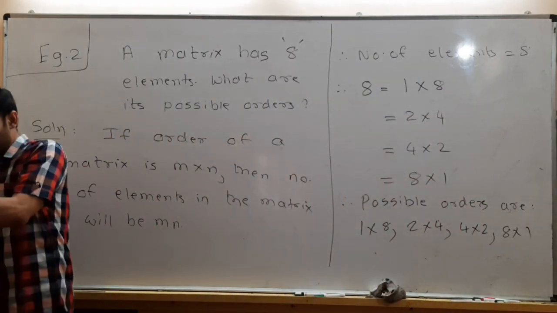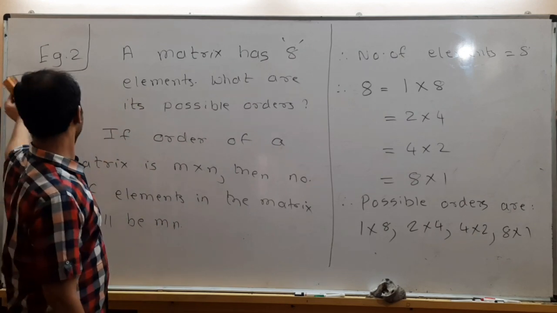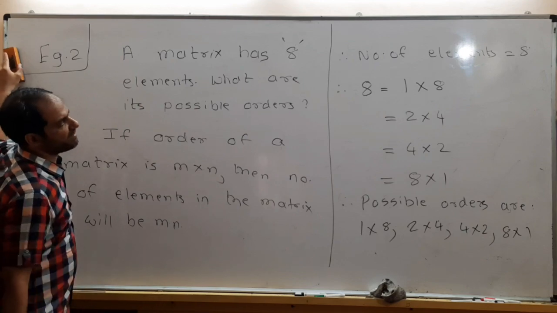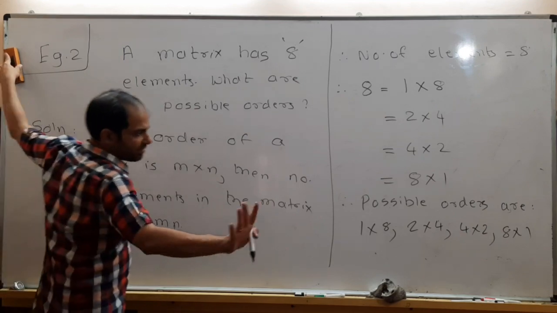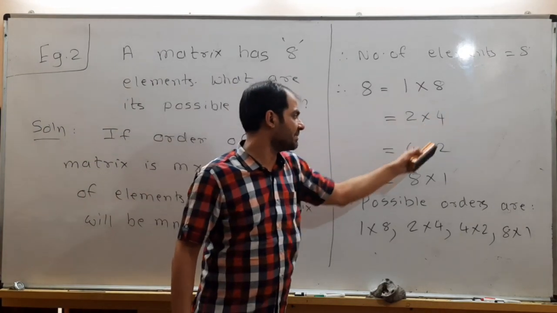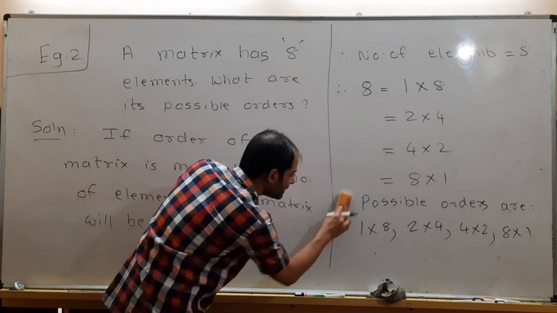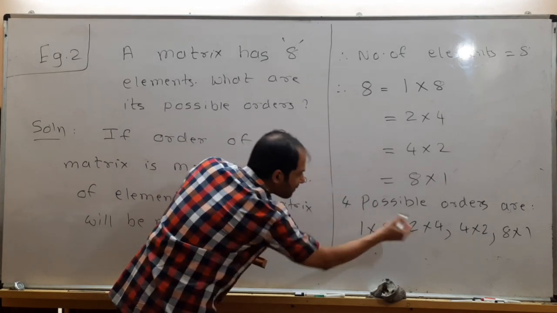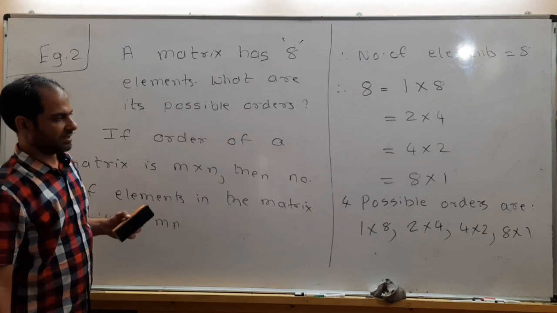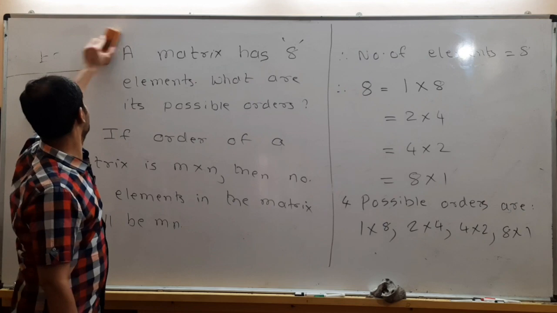I hope this is simple, not at all tough. Personally, I believe this is very easy. Or the same question they can ask, how many such matrices are possible? So you will have to write 4 possible matrices, means first matrix, second matrix, third matrix, fourth matrix. So 4 possible orders are 1 cross 8, 2 cross 4, 4 cross 2 and 8 cross 1.